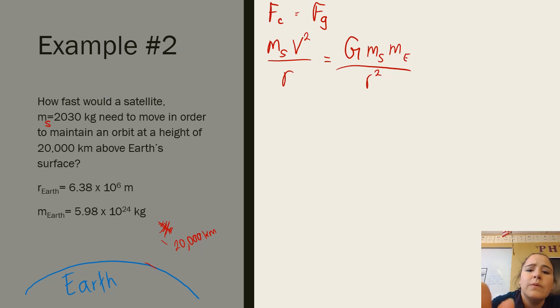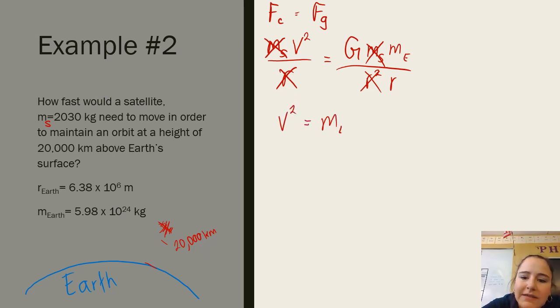So we can cross out this mass of the satellite, okay? One of these distances can cancel out with this distance, so we'll just have r there. So we end up with the velocity of it squared equals G times the mass of Earth divided by the distance between them. To actually get the velocity, then, we just take the square root of both sides, okay?